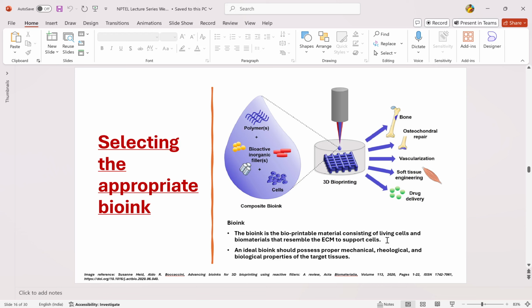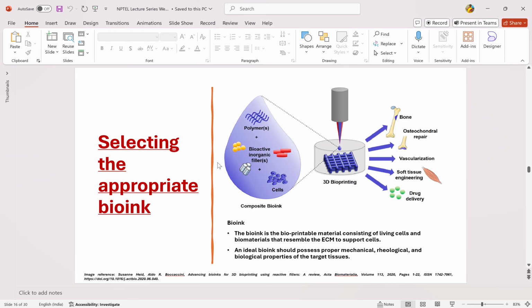Printing will be very easy, you just feed your data into the machine and the machine will print it, but generating the bio ink is the most difficult thing, because the bio ink should have all materials which will mimic the mechanical, rheological, and biological properties of the target tissue. Then only you can successfully make an organ.